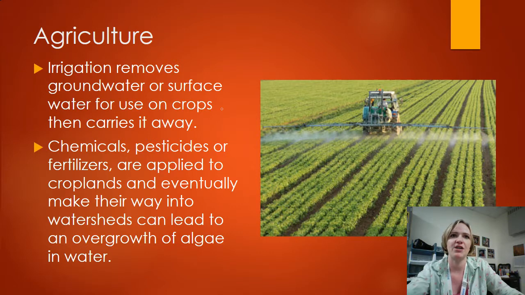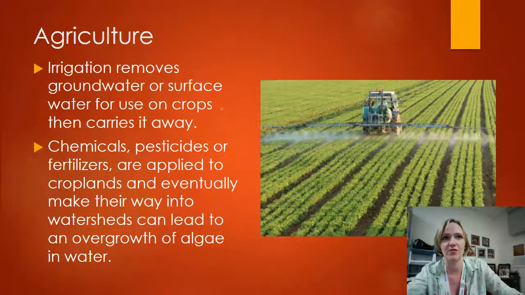Agriculture, irrigation. A lot of times farmers have to water their crops because we don't get enough rain, and so they pull water up out of the aquifers, which causes the groundwater levels to lower. And they also apply a bunch of stuff to the crops to make them awesome. Chemicals, pesticides, fertilizers.